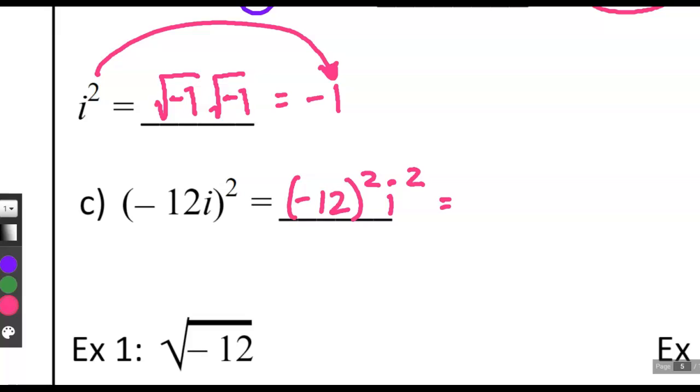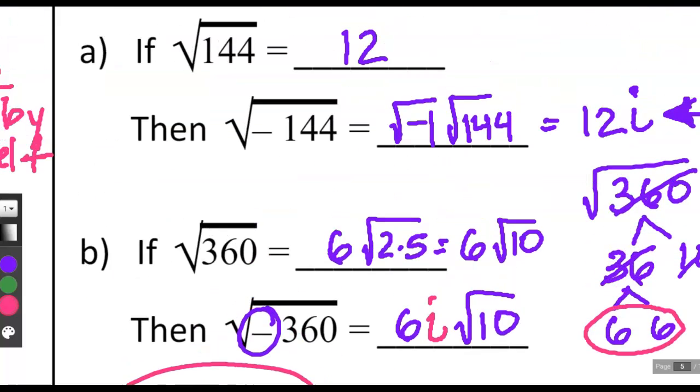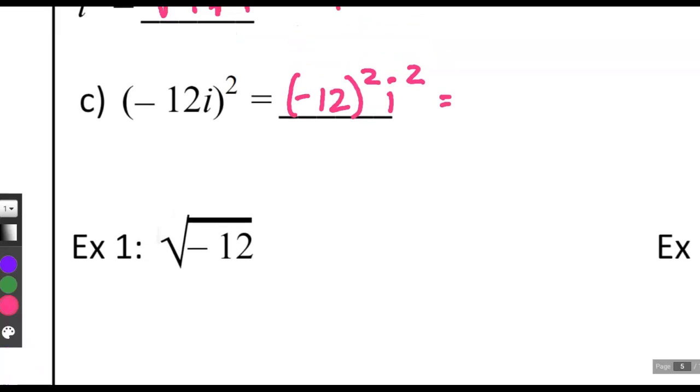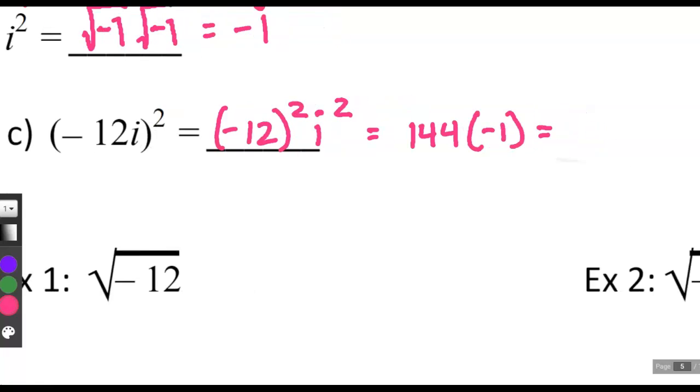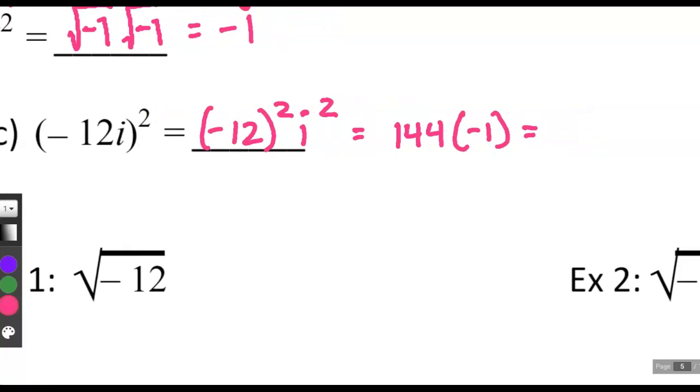What's 12 squared? What's 12 times 12? 144. What is I squared? Did we just learn? -1. So what does this become? What's 144 times -1? -144.